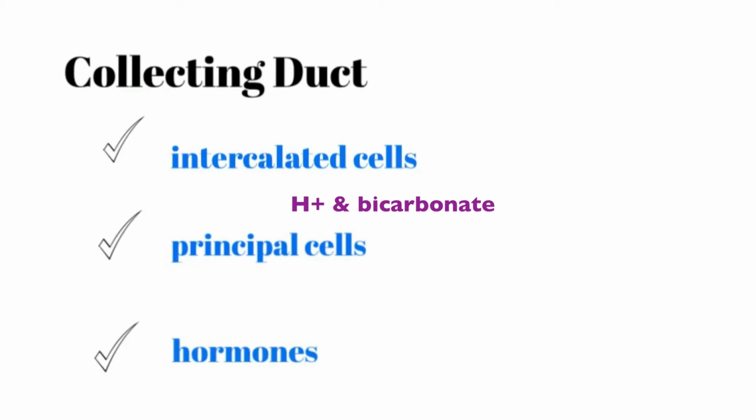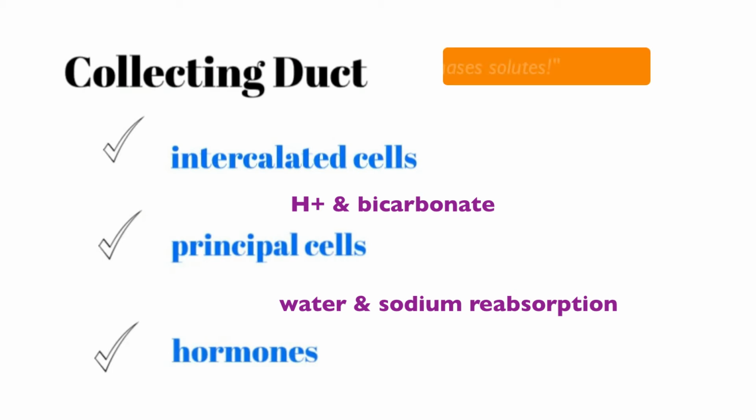The other type of cells lining the collecting duct, and certainly these are simple cuboidal epithelial cells, but a specific type are these principal cells. And the principal cells are responsible for reabsorbing sodium and water. Now, one thing I want to say is that water is always chasing solutes, given the opportunity.